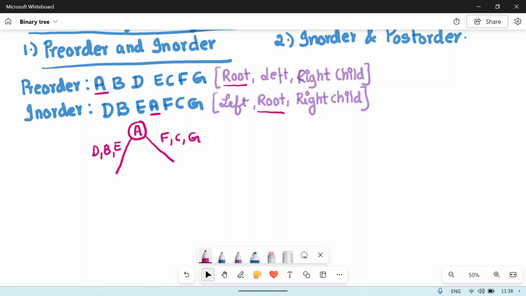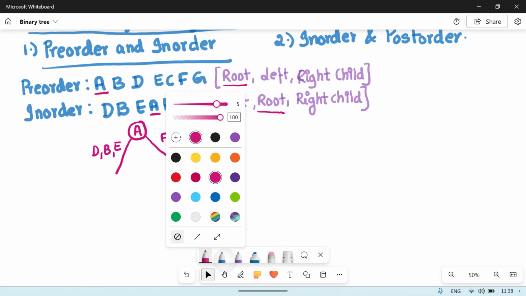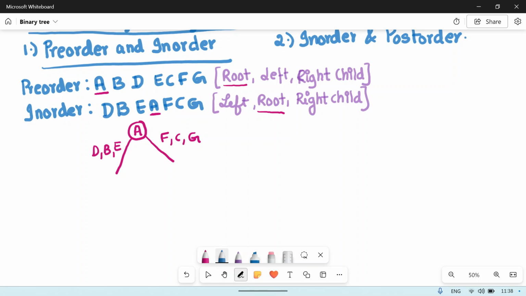It can be D, it can be B or it can be E. So how do you figure out? You have to again look at the preorder because preorder has the root first, right? So again if you see, B is the root. B comes after A. A is already placed, so B is the root now. So place B here like this.